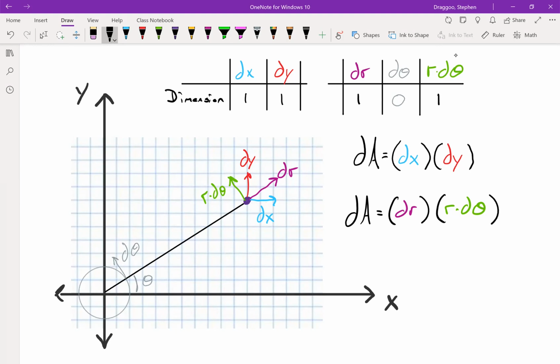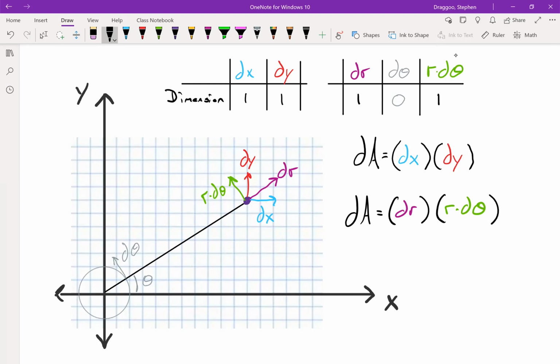So that we end up actually tracking how our point changes through space, rather than just looking at how r would change through space. So dA looks a little bit different when we're in polar coordinates. Instead of getting to be just, as in rectangular coordinates, dx dy, in polar coordinates it does not get to be just dr d theta, because again, we wouldn't match up with our dimensions.